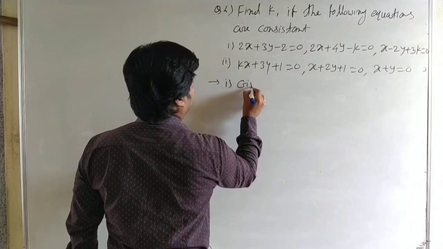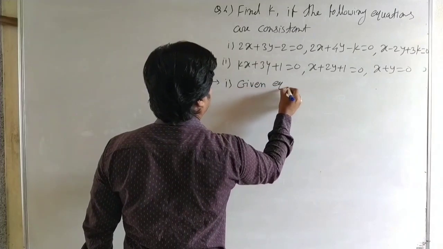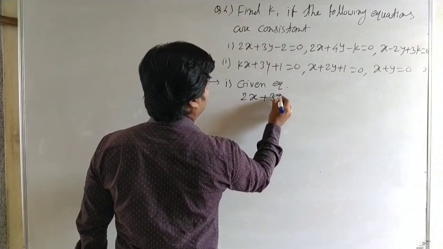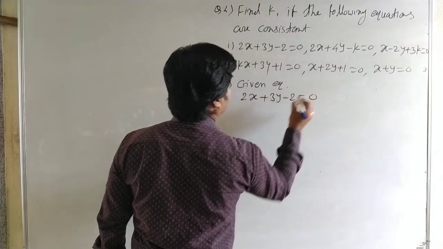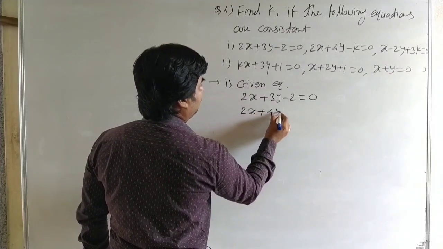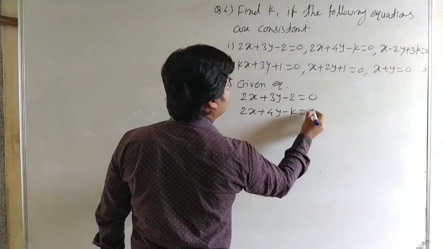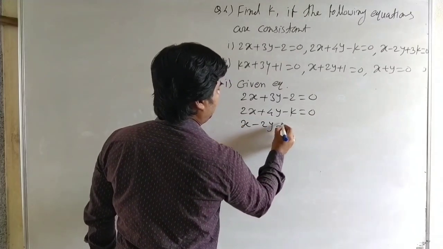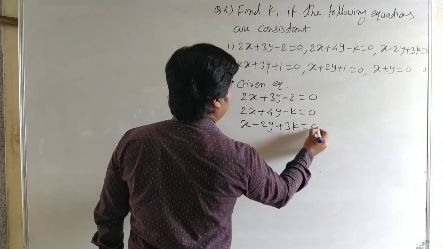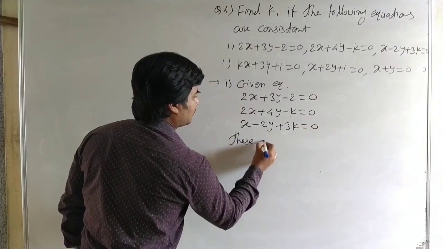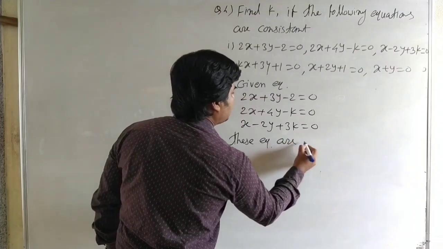First, the given equations: 2x plus 3y minus 2 is equal to 0, 2x plus 4y minus k is equal to 0, and the third equation is x minus 2y plus 3k is equal to 0. These equations are consistent.